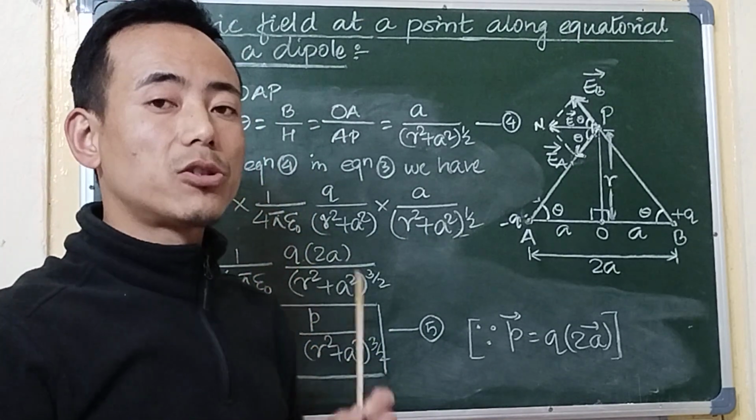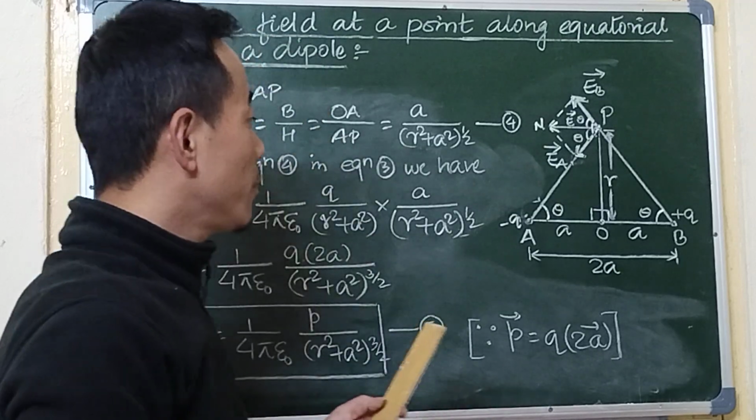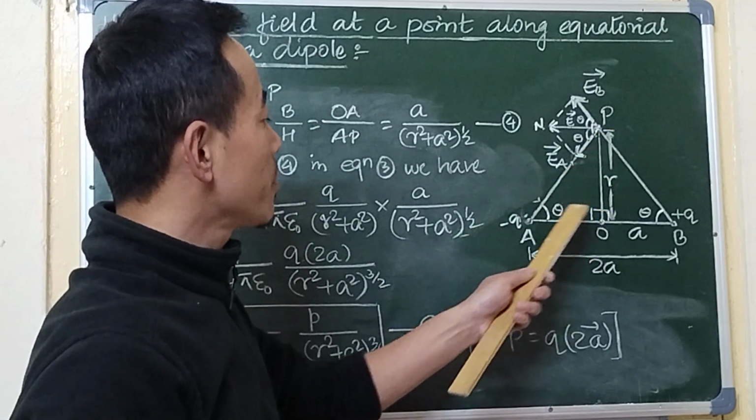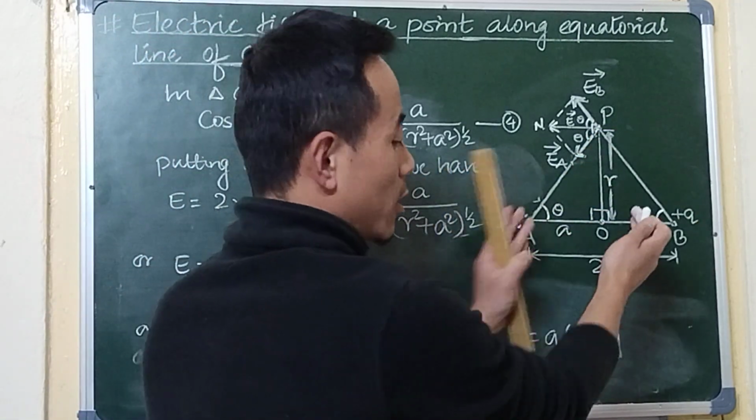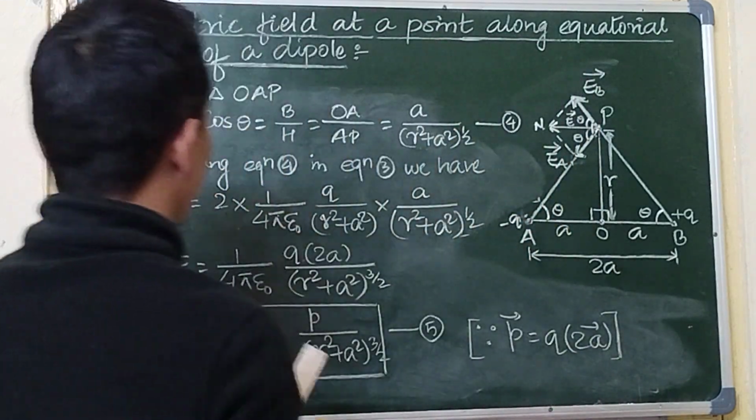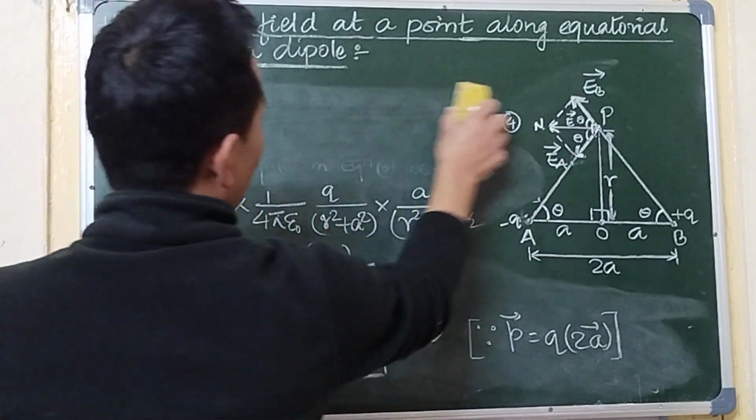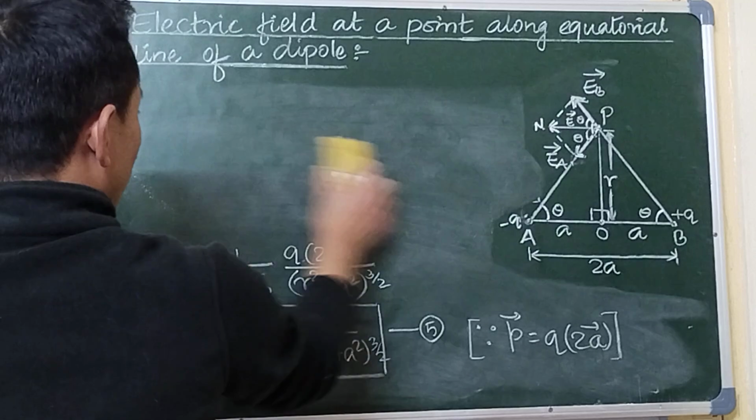Now, if the dipole is short, which means the distance R becomes much greater than A, then the value of A will decrease. So what happens to the equation? Let's see that.